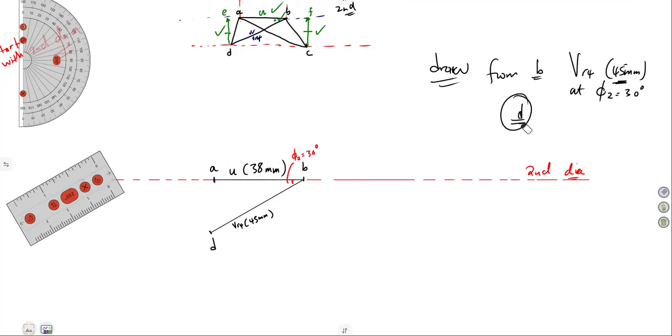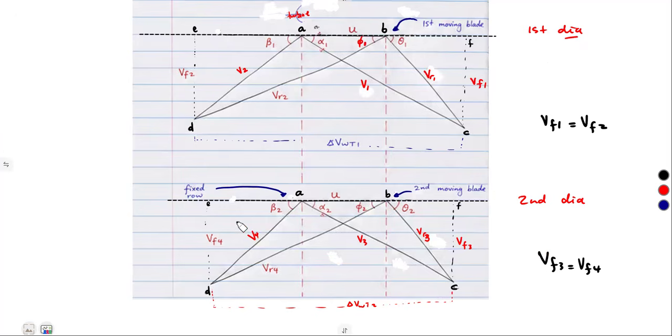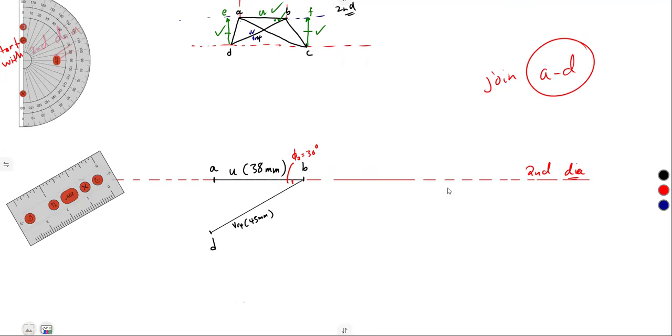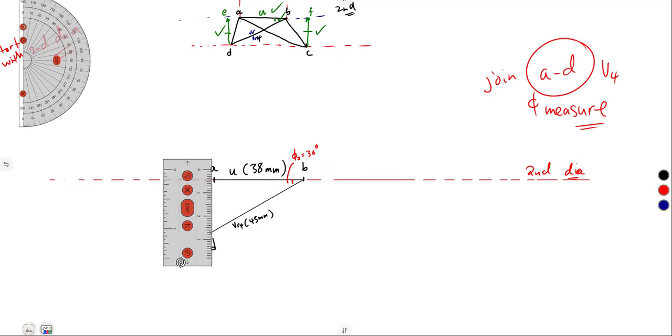Since we've got the point D and the point A, join and measure. Join A to D, which represents V4, the absolute velocity, and measure that.